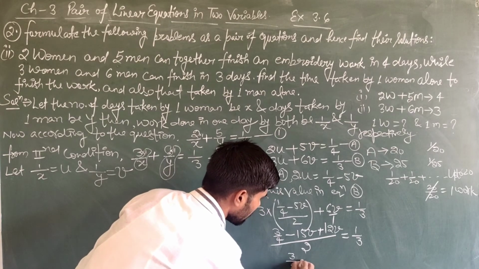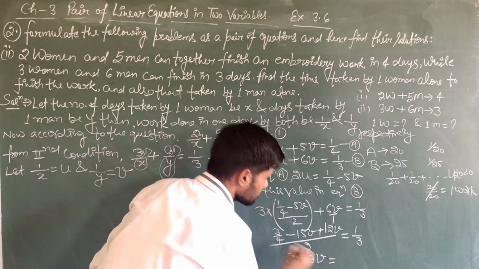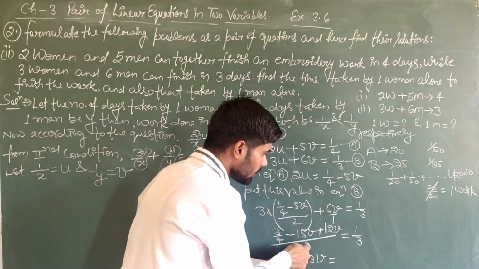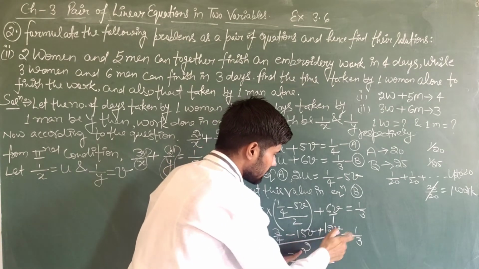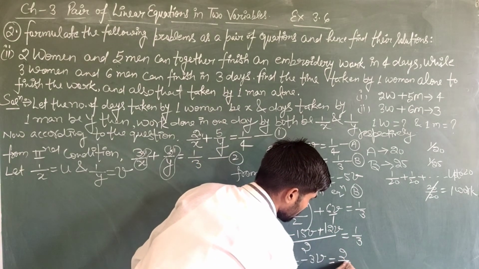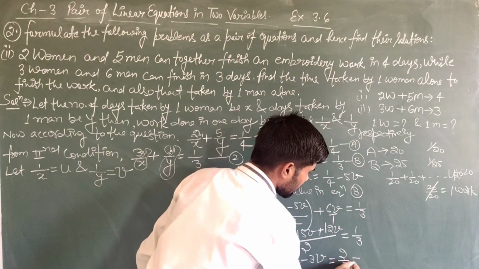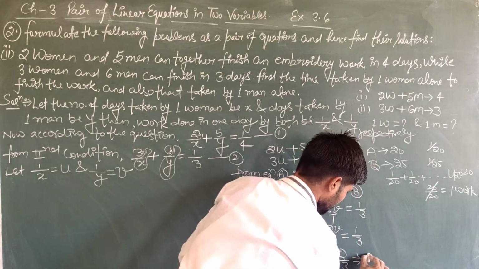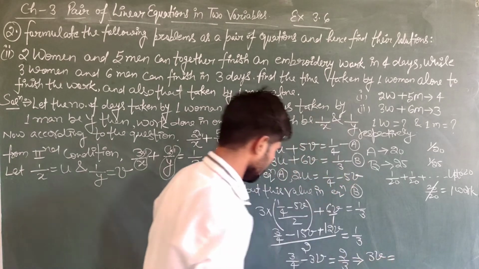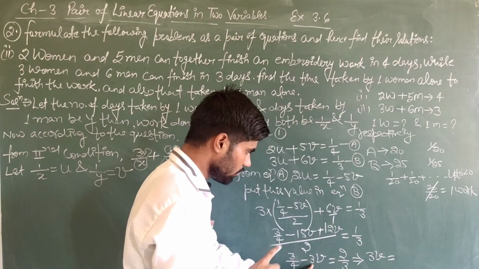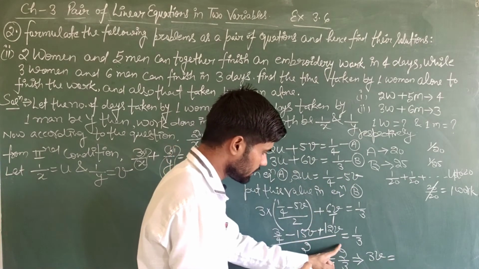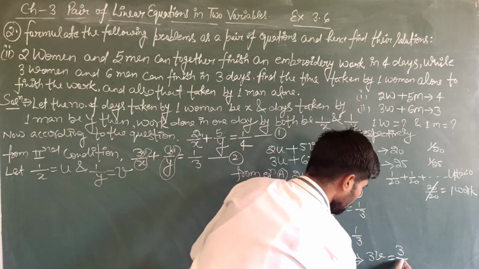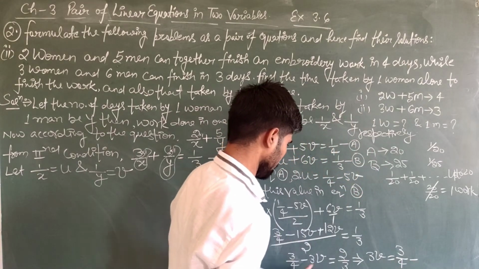3 upon 4 minus 3v is equal to 2 is in the division. This will be in the multiplication on the right side, means 2 upon 3. We can write further 3v is equal to, this 3v will be positive on the right side and this 2 upon 3 will be negative on the left side. 3 upon 4 minus 2 upon 3.